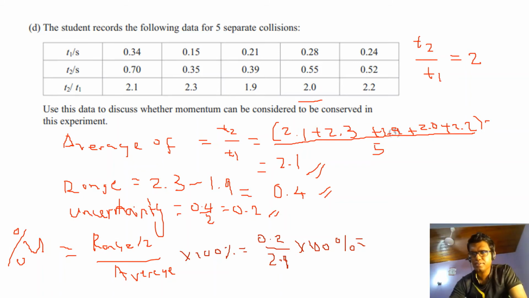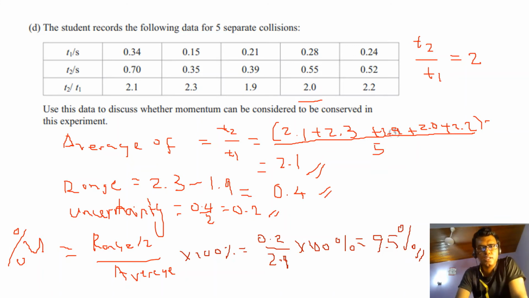So how much do we get? 0.2 divided by 2.1 times 100% is 9.5. Right. So this is the uncertainty.